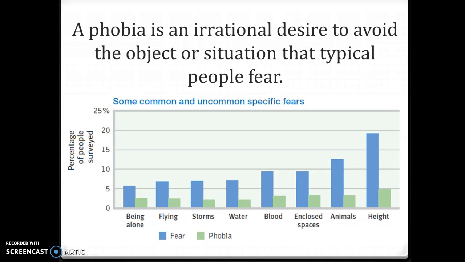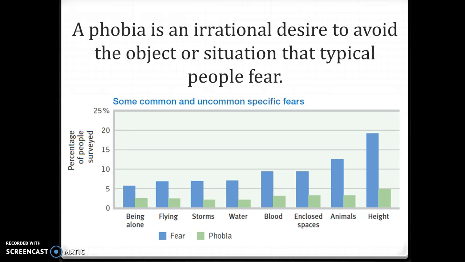So, for example, one way or another, most people are afraid of heights. When you're up high and looking down, that's a dangerous situation. It is normal to feel fear in that situation, just as a way to keep yourself safe. However, it becomes a phobia when that's an irrational desire to avoid any kind of situation where heights would be in play.